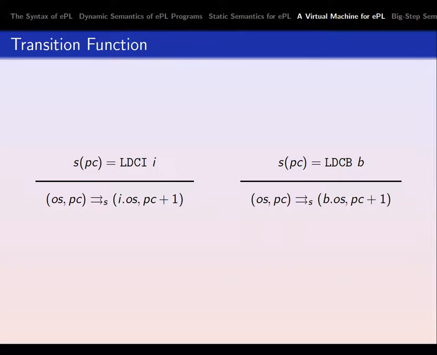So I is pushed on the stack, and the program counter is incremented by 1. Clear? Very simple, right? Similarly, if the current instruction is LDCB of a Boolean, we go from the current state of OS, PC into a new state where B is pushed on the stack and the current instruction becomes PC plus 1. Yes?